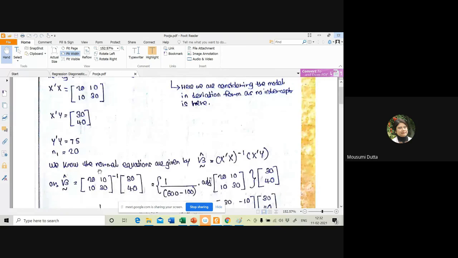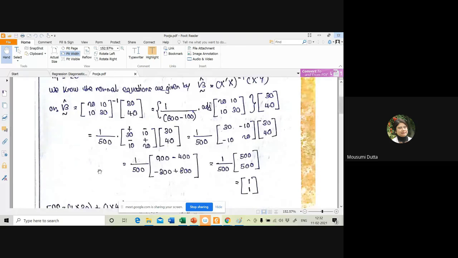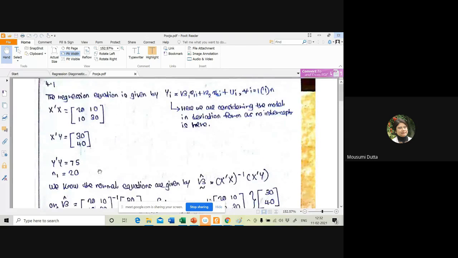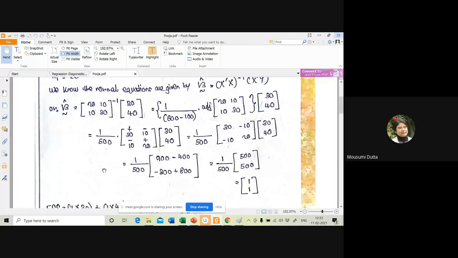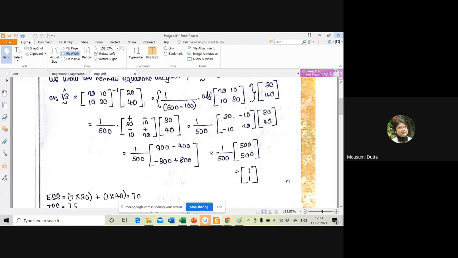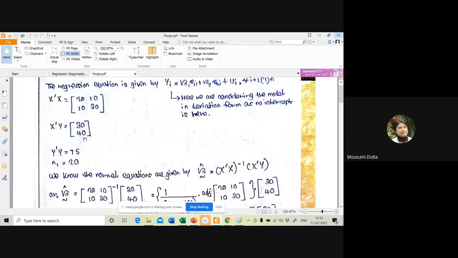Yes, beta hat will come as 1, 1. So what is important? Read the meaning of these. Otherwise, you will not be able to incorporate this. Nazma, you did it following this formula, and you will get these values. However, read the matrix properly.